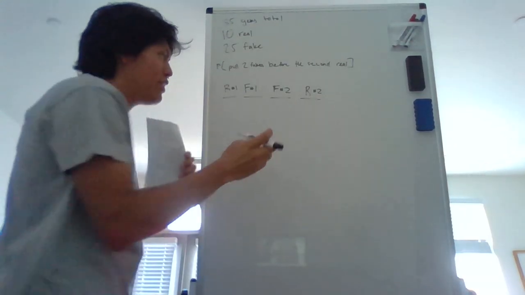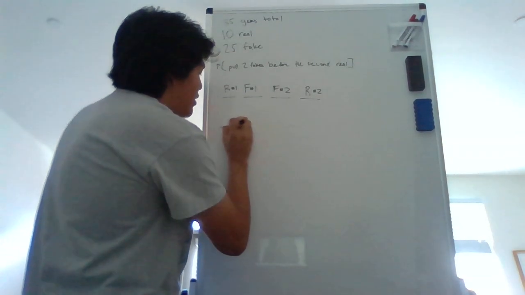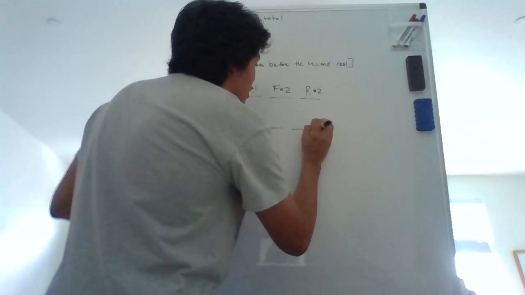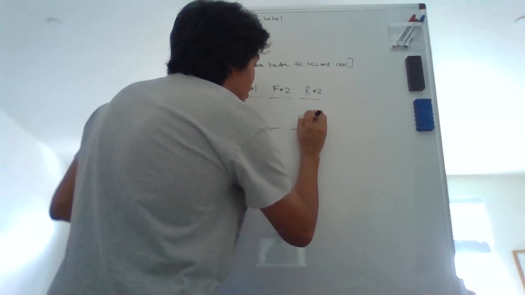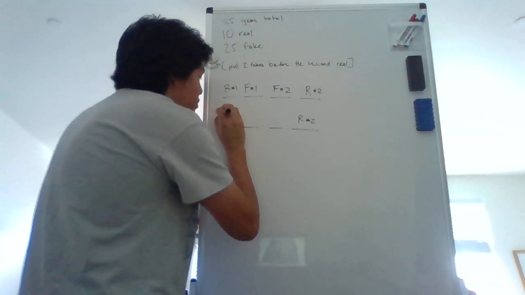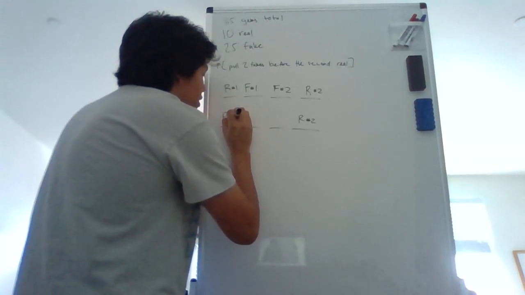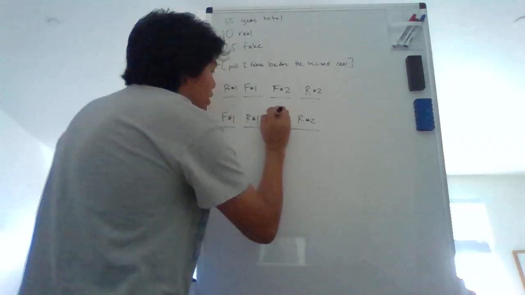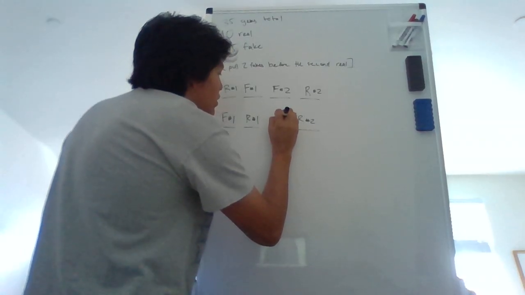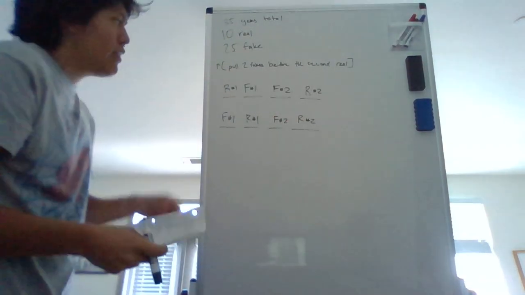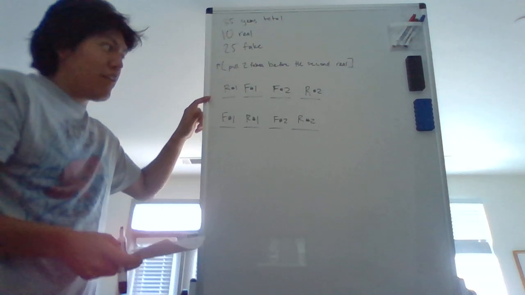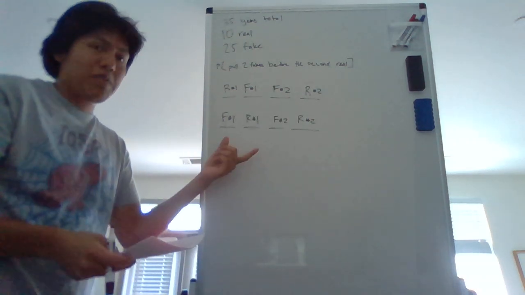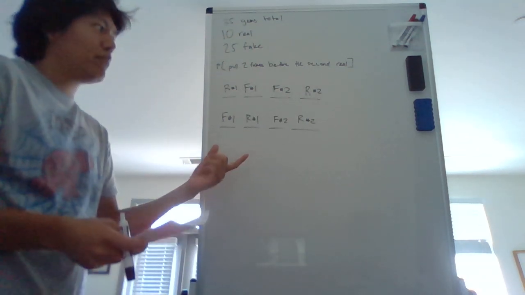That's another way. So I'll write that one down. So again, real number 2 at the end, fake number 1 at the start this time, and then real number 1 follows, and then fake number 2 follows. All right, that's another way of pulling these gems out in a different order.